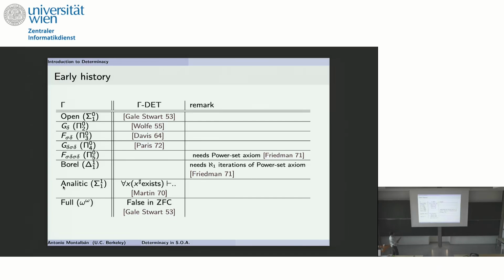That's why that theorem was so important. What I heard from people is that when Martin saw that you need that many iterations of the power set axiom, he said, okay, how can I do a proof that uses that many power set axioms? And then he showed Borel determinacy a few years later within ZFC using Aleph_1 many iterations of the power set axiom.